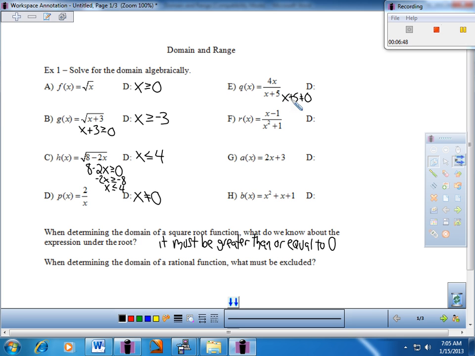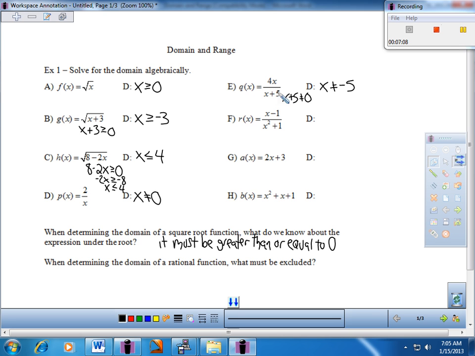I hope everyone would agree here, just the way I set this up, you would subtract 5 on both sides, and you get x can't equal negative 5. If I put negative 5 back in, I'd get 4 times negative 5 on top, which is negative 20, but I do have negative 5 plus 5 on the bottom, which is 0, and I can't do negative 20 divided by 0. Simply does not work.